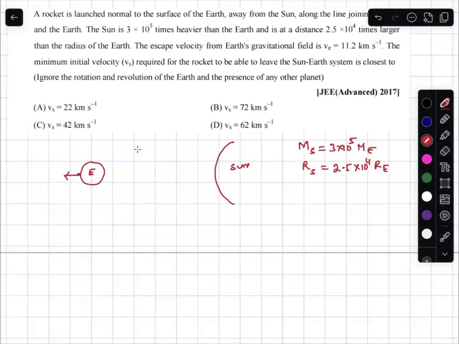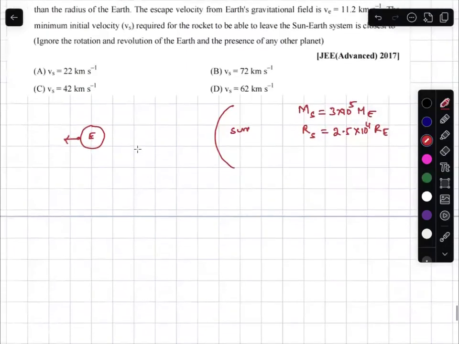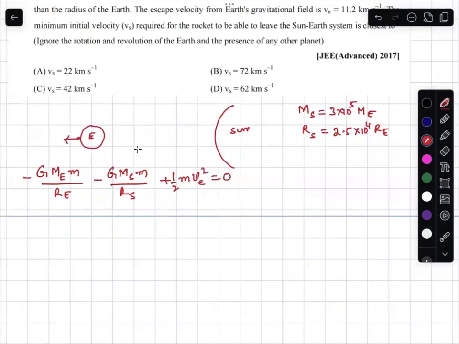That is the reason why they have given it in the question. Now the question is, what is the total energy? Minus G mass of earth small m by radius of earth, minus G mass of sun small m by rs, plus half m V escape square is equal to 0.